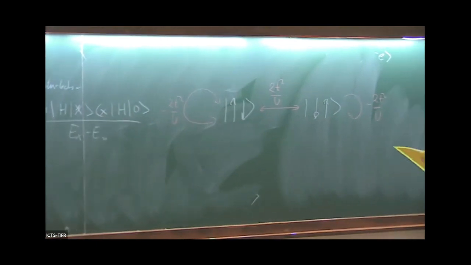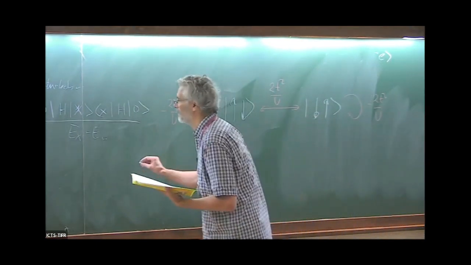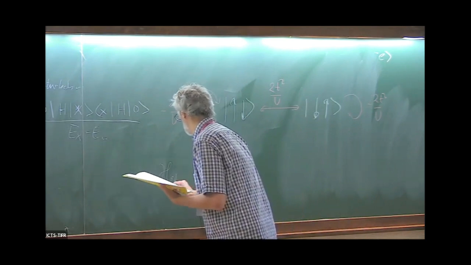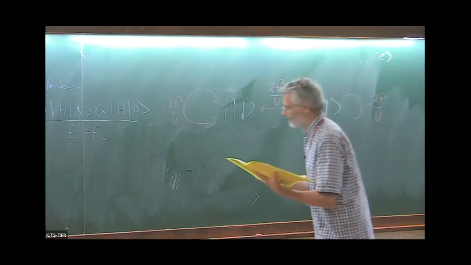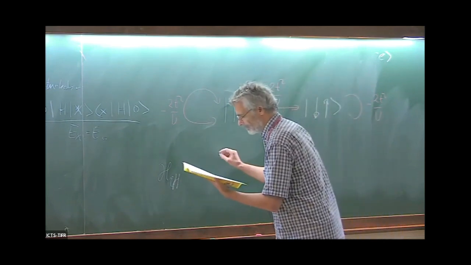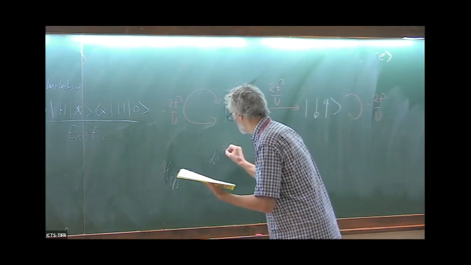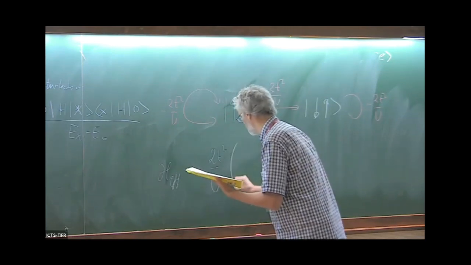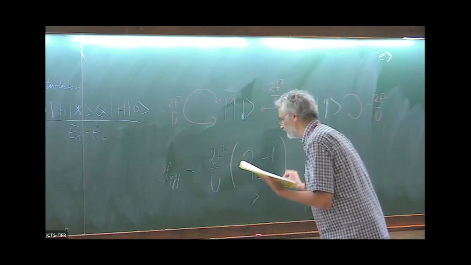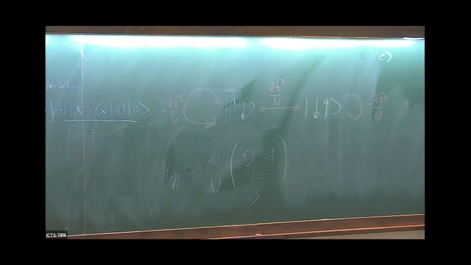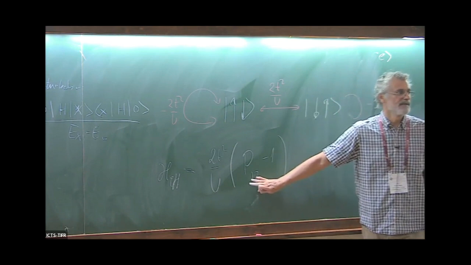Then we could write that this effective Hamiltonian is two t squared over U, P12 minus 1. Okay, so now you see something new, this P12.